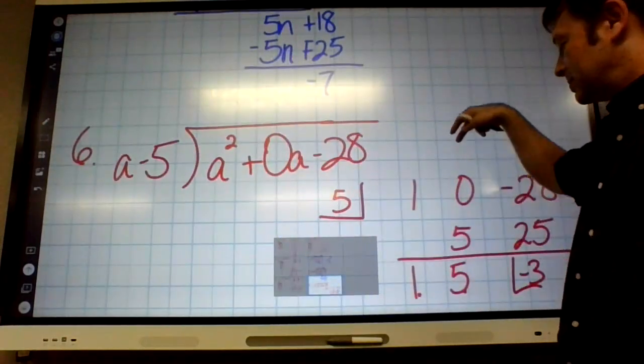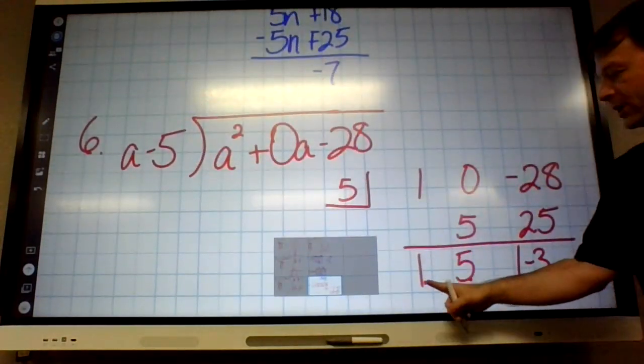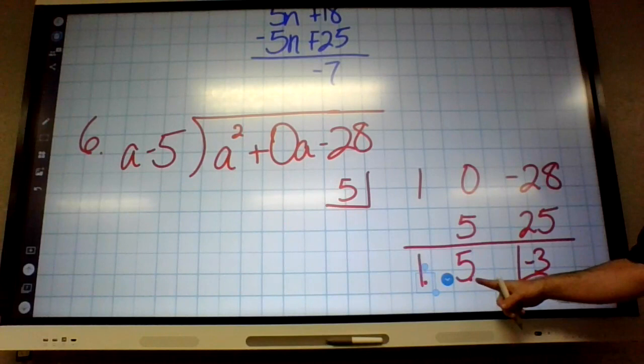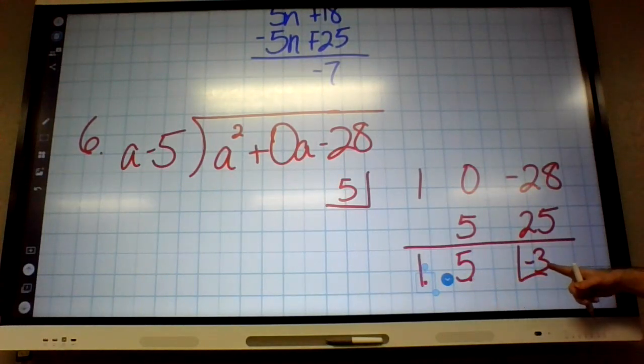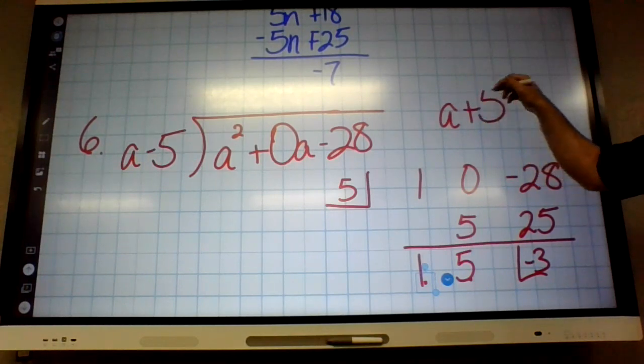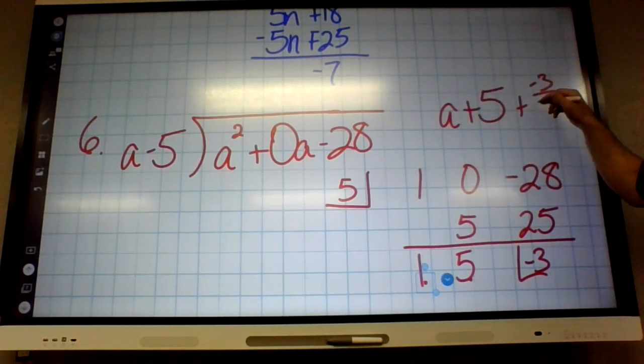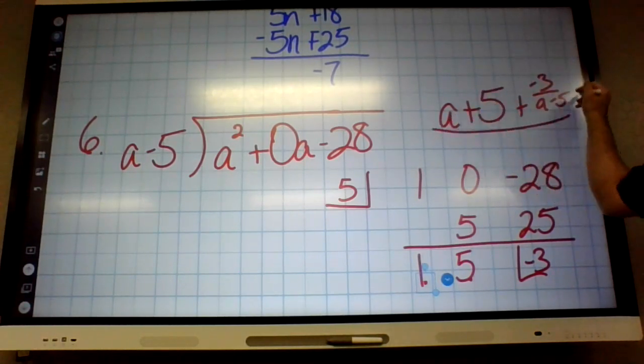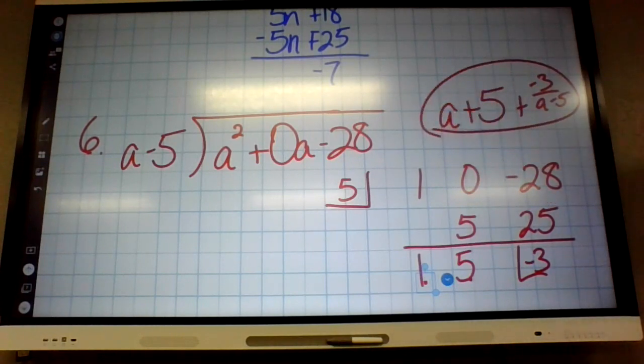They're the coefficients. So this stands for a plus 5, with a remainder of negative 3. You should get the same answer if you do that with long division.